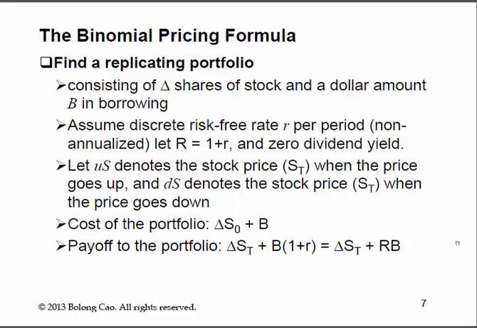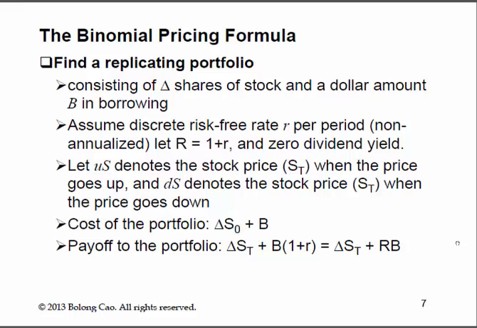So since we have seen it's possible to replicate and price the call option through a portfolio, now let's study this portfolio. Let's say the portfolio consists of delta shares of the stock and a dollar amount, B, that's the debt in borrowing.